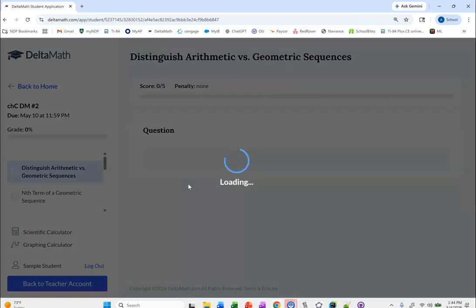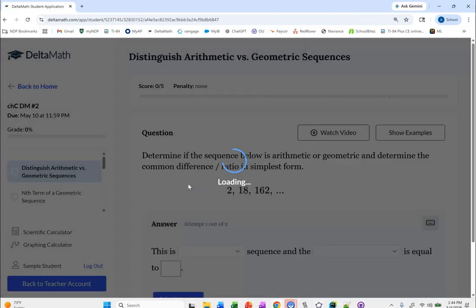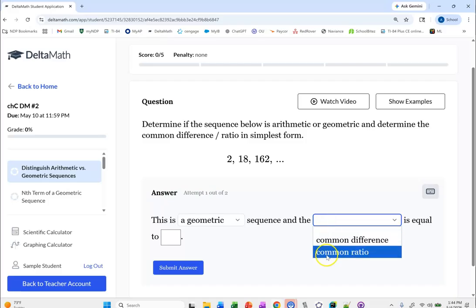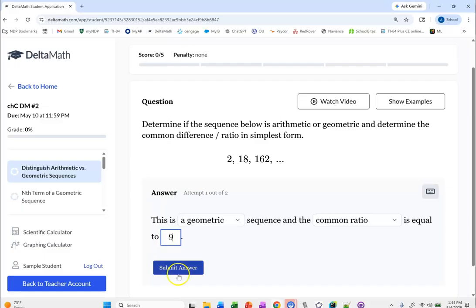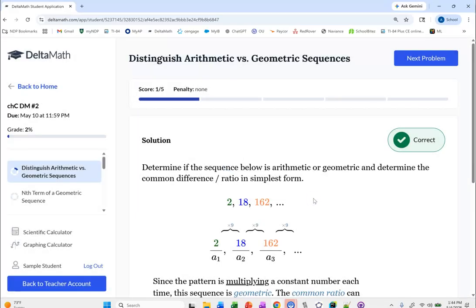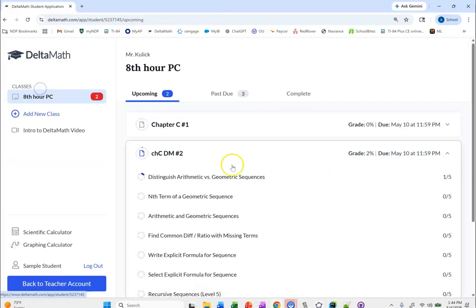Like distinguish between arithmetic and geometric sequences. What's going on here? Arithmetic or geometric? Geo, because the common ratio is 9. That took 10 seconds, right? Some of these are going to go real fast because it's just not that big of a problem.